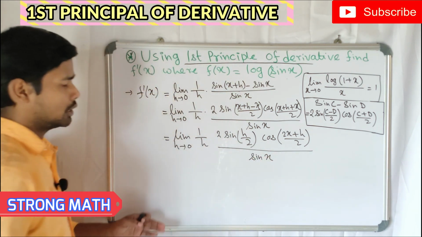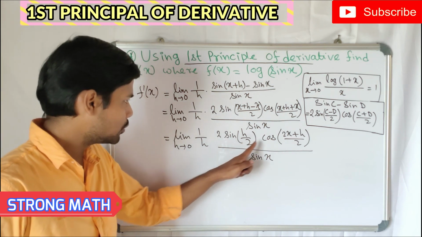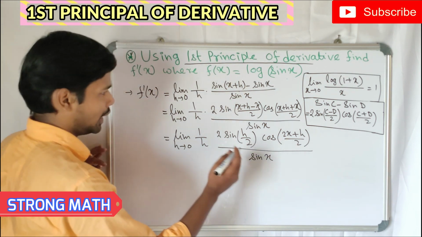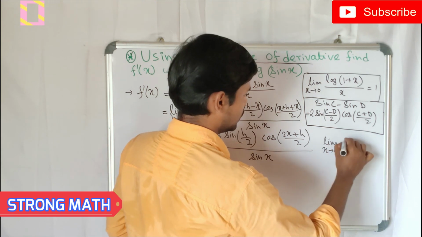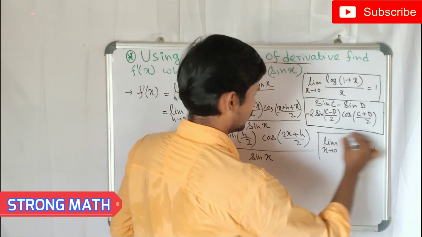Now look, here the terms involving h are sin(h by 2) and cos(2x plus h by 2). Okay, so we know another formula, limit x tends to 0 of sin x by x equals 1, right?